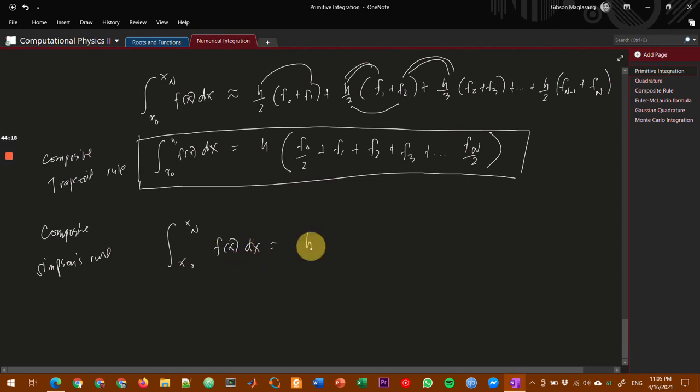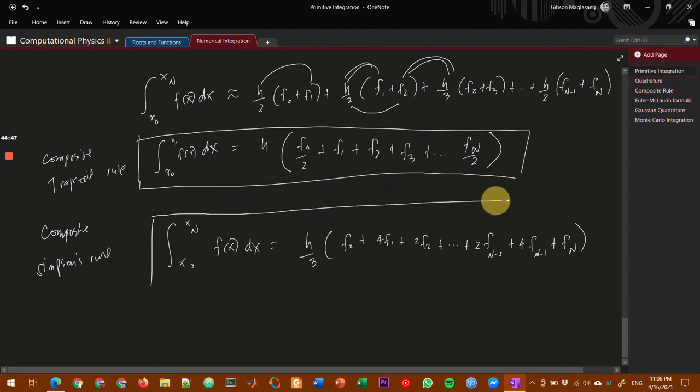So h over 3 times f naught plus 4f1 plus 2f2 plus so on, 2 f sub n minus 2 plus 4 f sub n minus 1 plus f sub n. So this would be the composite Simpson's rule or formula.